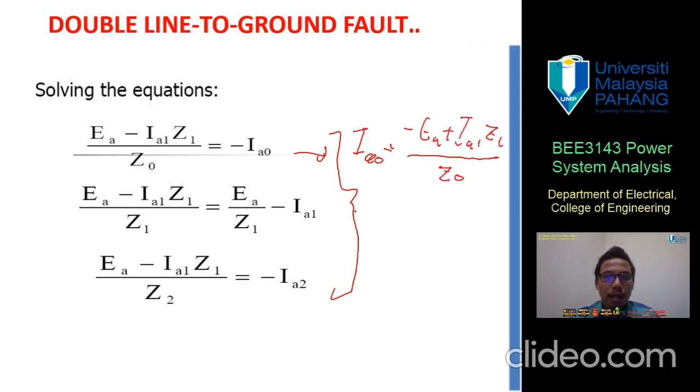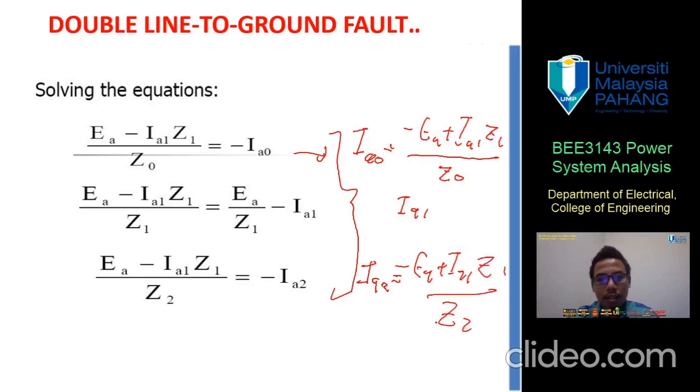The IA1 remains there, but for the IA2, when we express IA2 in terms of IA1, we get minus EA plus IA1 Z1 over Z2. Again, sorry for my bad handwriting, so just accept.